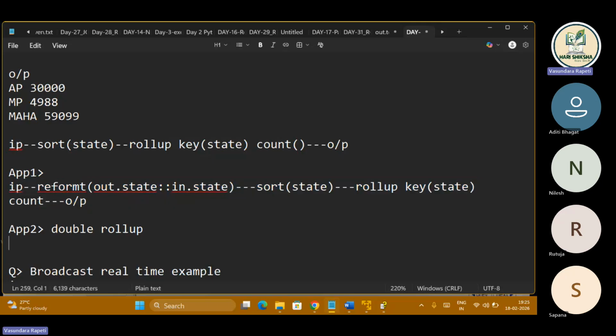Another is the double roll-up concept. In case this doesn't work, for example if you need the other columns as well after sorting or somewhere, then you can use the double roll-up concept.